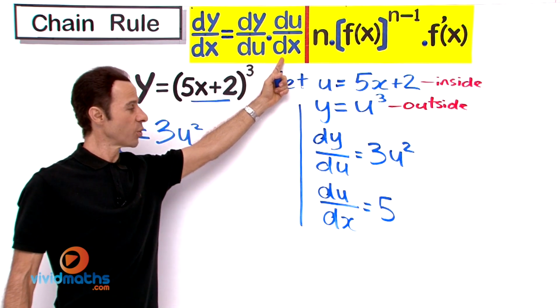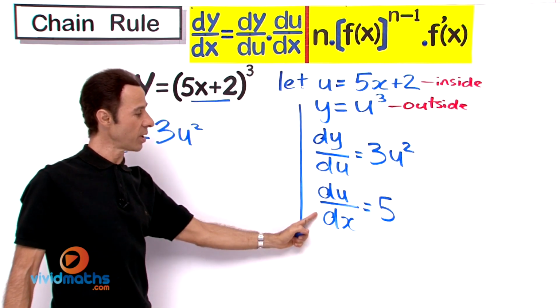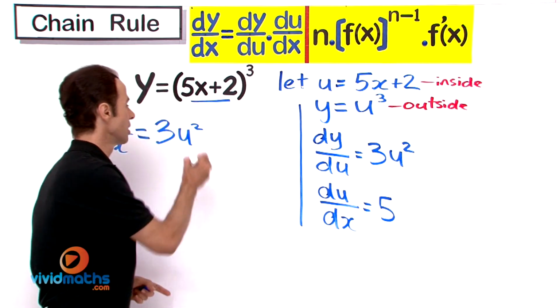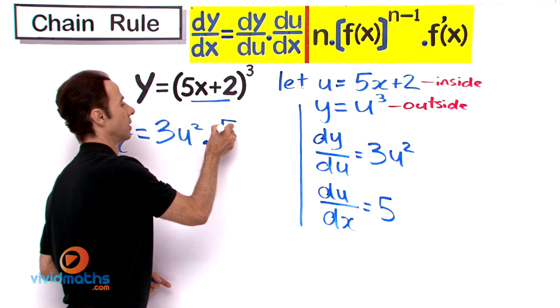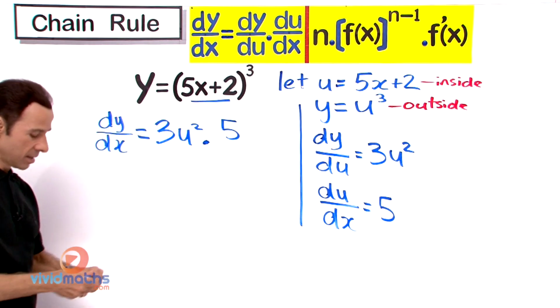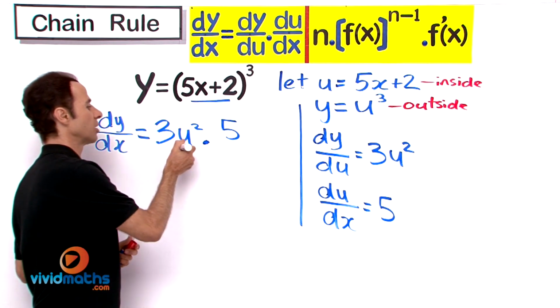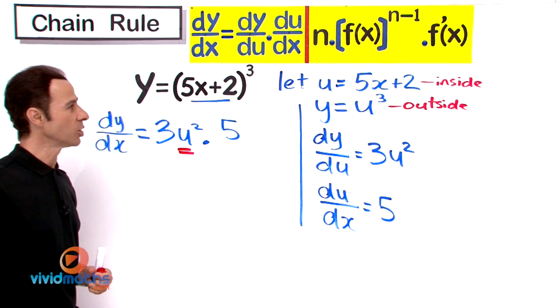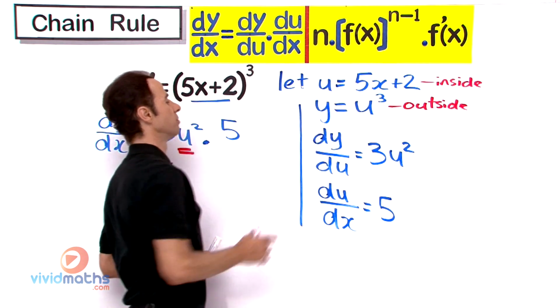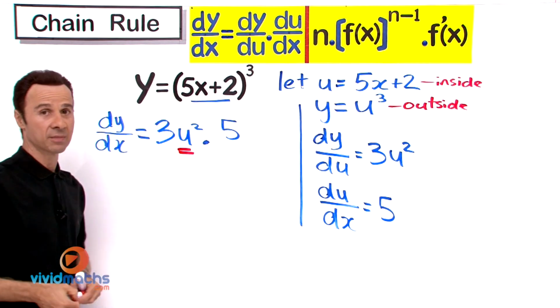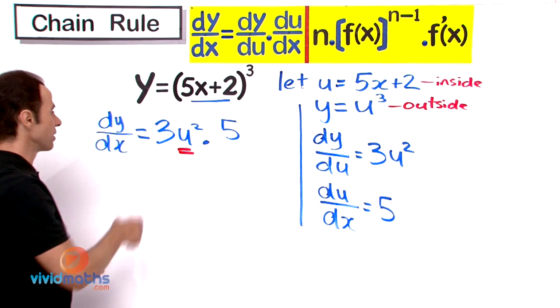Let's go to du/dx, we worked it out earlier. du/dx right here equals what? Equals 5, so let's put that over here. So it's times 5. Now, this part over here, see that u? We know what that u is, don't we? Because that u is 5x plus 2, isn't it? We're going to bring that in later on, so just keep your eye on that. But for the moment, let's simplify this.